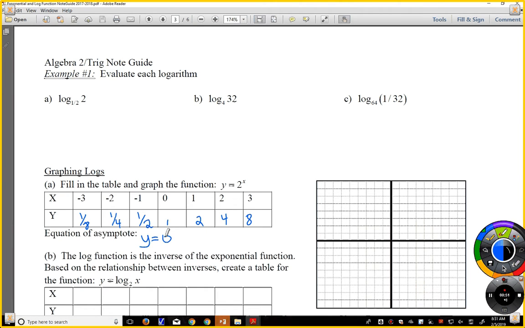Okay? So the graph of your exponential function should be as expected if you've looked back at that Cartesian catalog and are familiar with it. You have this asymptote at y equals 0. Okay? And we have -3, 1/8, -2, 1/4, -1, 1/2, 0, 1, 1, 2, 2, 4, 3, 8.